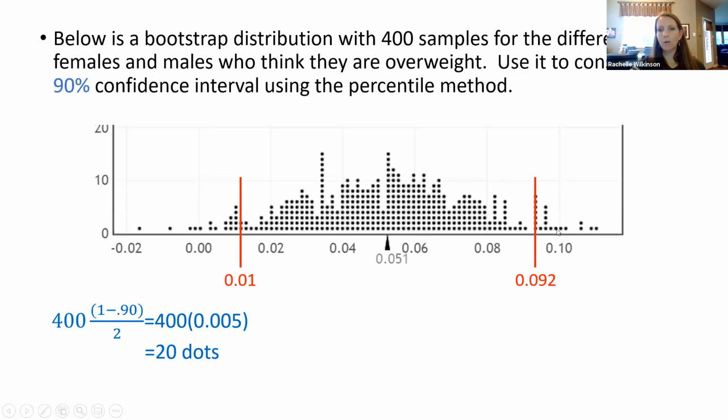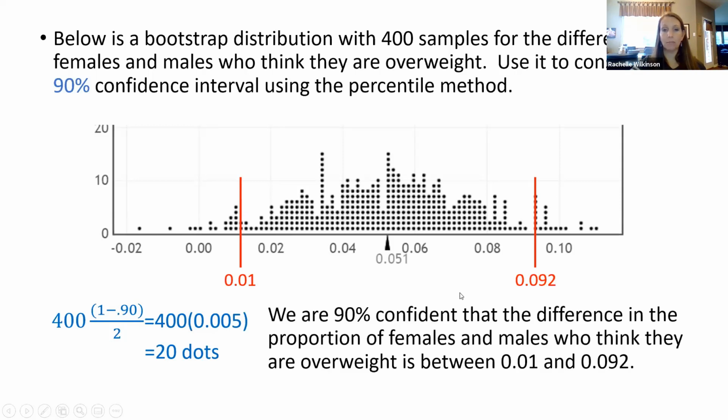This one doesn't look quite as centered between the grid lines, so I'm going to call it 0.092. And as before, I'll write my conclusion. We're 90% confident that the difference in the proportion of female and male college students who think they are overweight is between 0.01 and 0.092.